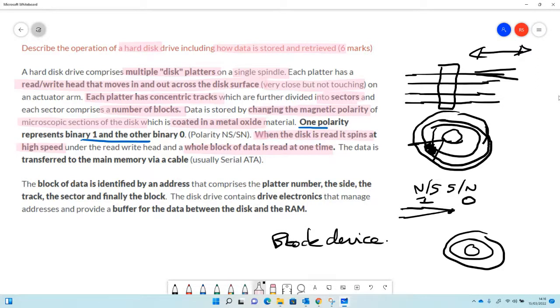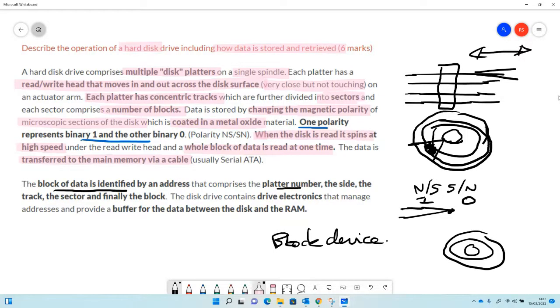The data is transferred to the main memory via cable. You're going to have some kind of cable and drive electronics that will work with the drive itself and do addressing. A block of data is addressed or identified.